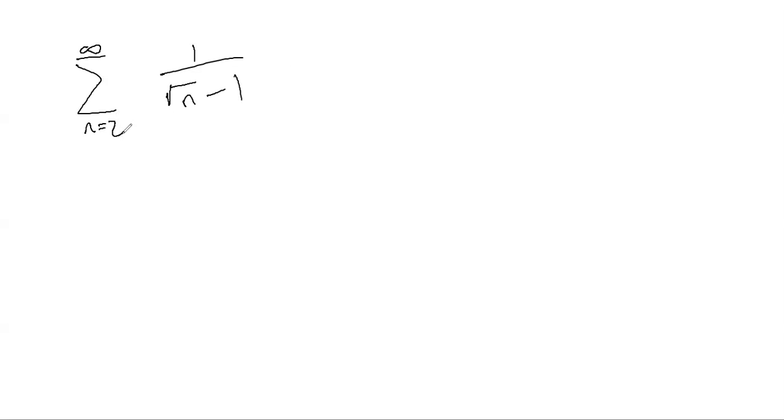So why am I starting at 2? If I had started at 1, I'd have 1 over 1 minus 1, so 1 over 0, that's undefined. So I'm starting the series at 2 just to make sure everything's defined, okay?